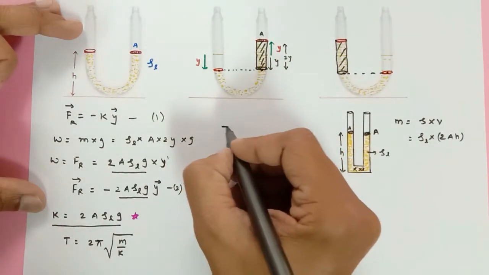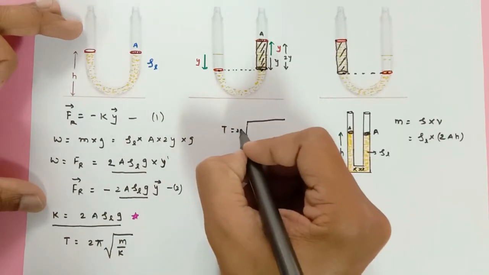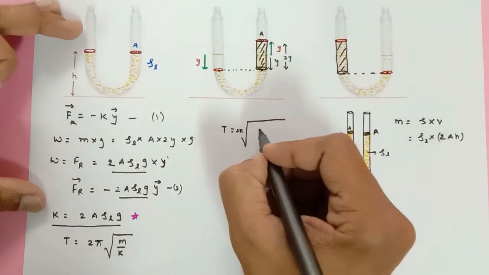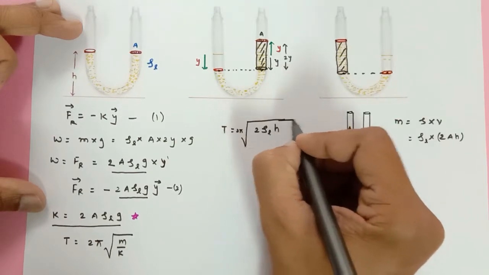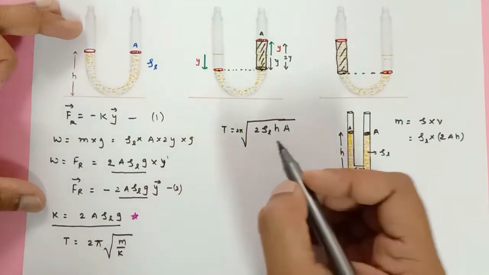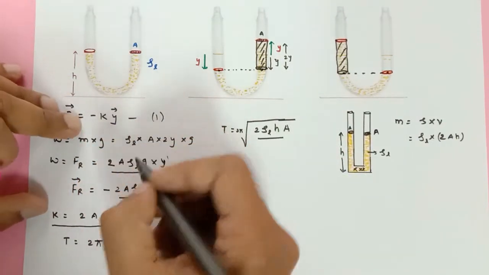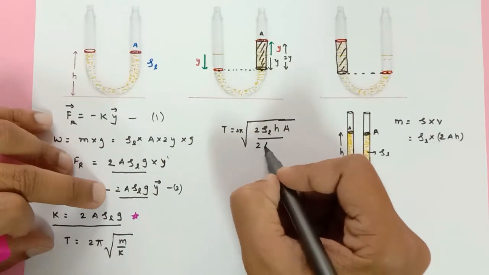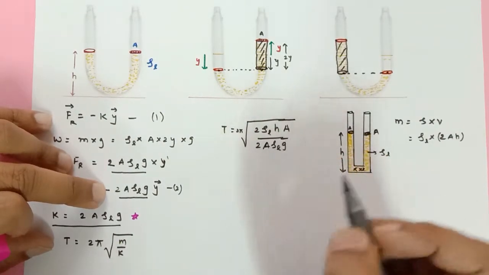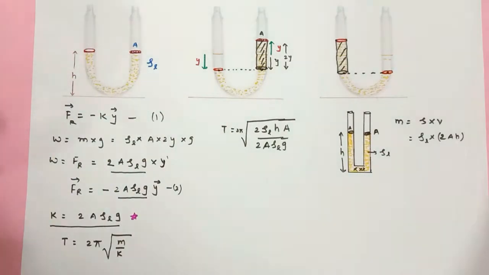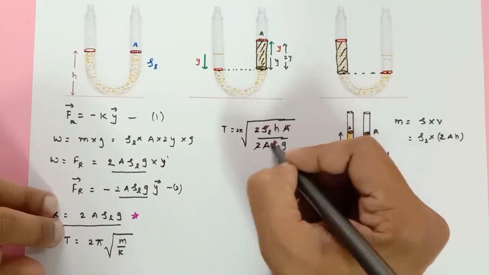Which I'm going to substitute over here. So now T is equal to 2 pi under root, mass of the entire liquid, that is 2 rho L H A, divided by K, that is the force constant, which is here 2A rho L G. Now as you can see, people, over here 2 gets cancelled, rho L gets cancelled, A gets cancelled.